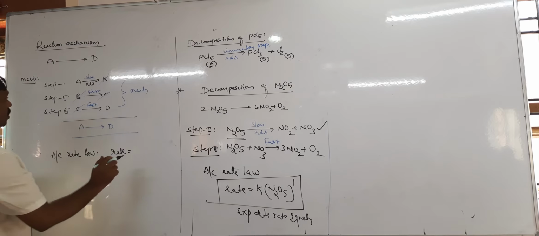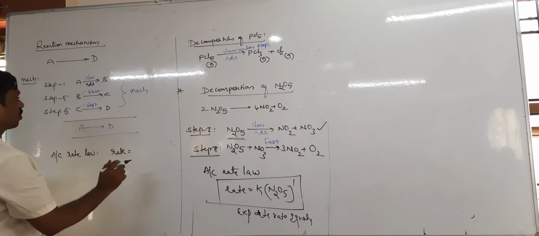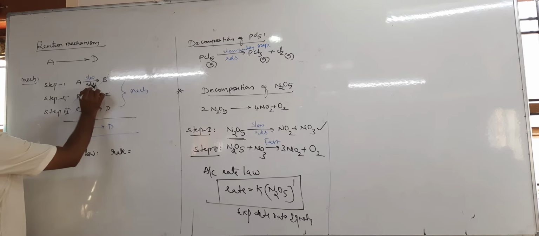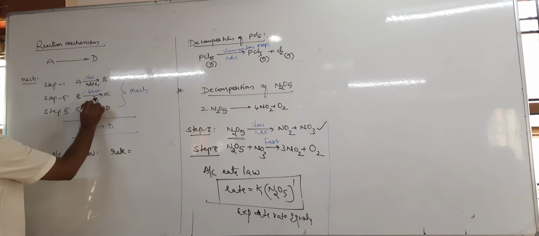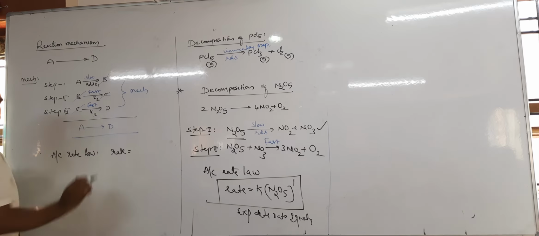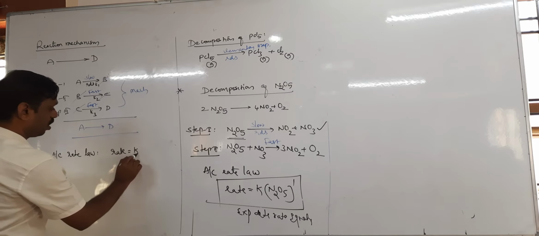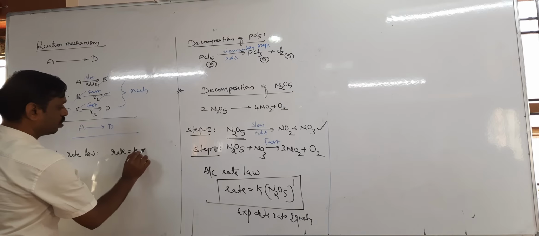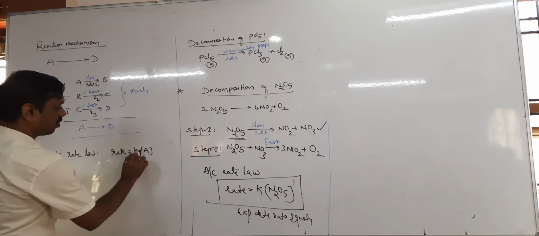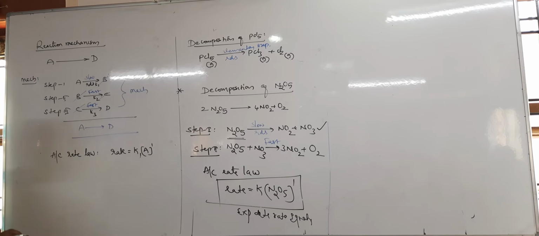Take K1 as the rate constant for the first step, K2 for the second, K3 for the third, because every step has a rate constant. Tell me, rate equal to K1 or K2 or K3? K1 into molar concentration of A power 1. That's it. Can you apply the rate law for these two? No. Rate law is applicable for only the RDS or an elementary step.